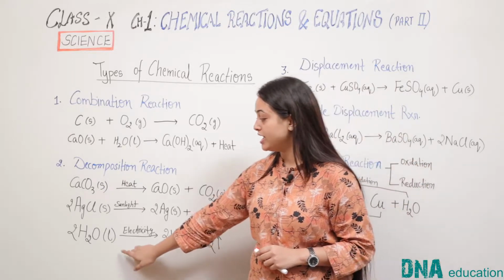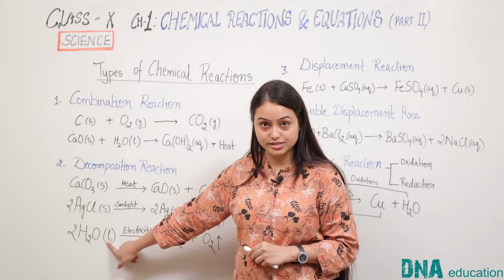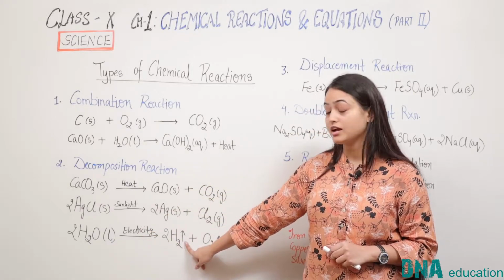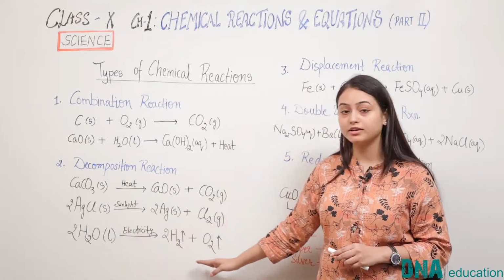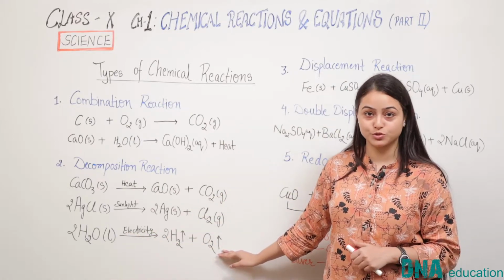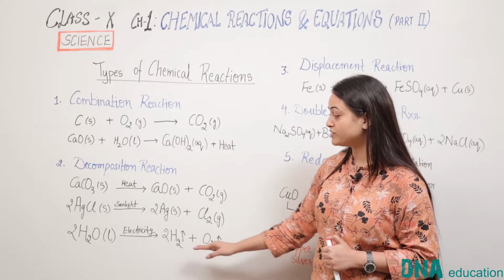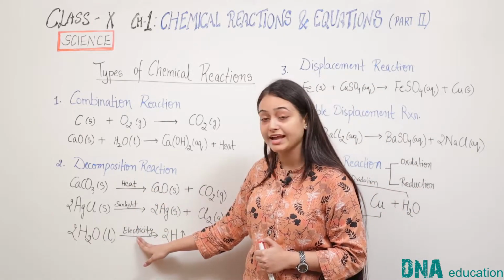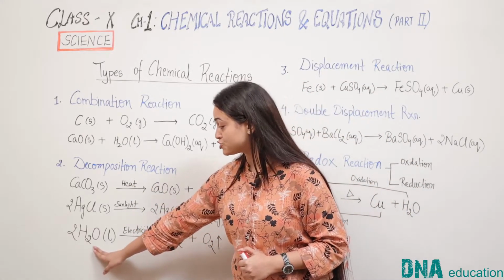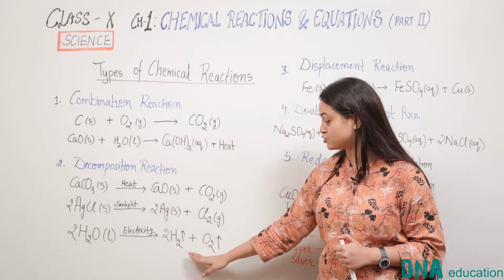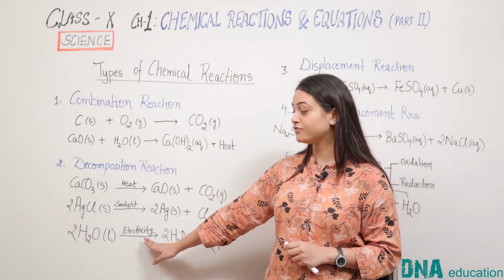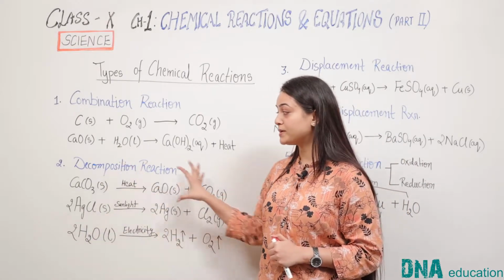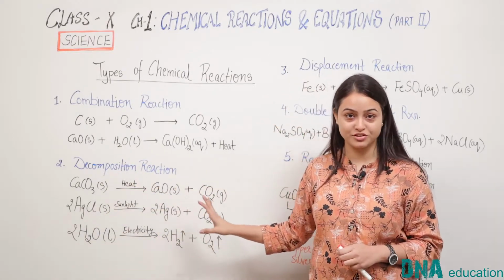Here you can see that the liquid state of water is converted into gaseous state in both hydrogen and oxygen. So this is also a typical example of change in state during chemical reactions. So we see that with the utilization of electrical energy, H2O breaks down into H2 and O2, again a decomposition reaction with the help of electricity. So this is the basic theory behind decomposition reactions.